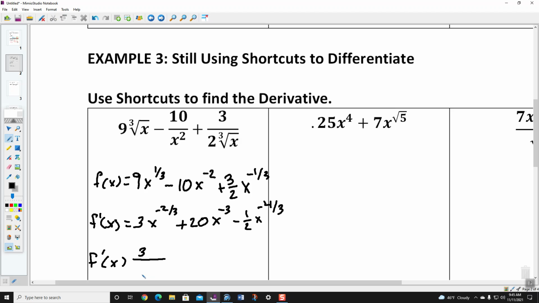I can write this as x to the 2/3, but they're probably going to write this as the cube root of x squared. Okay, just stop for a second. If I moved x to the 2/3 to the bottom, do you understand like the 1/3 part is like the index for that? That's probably what they're going to write right there. Okay, 3 over the cube root of x squared.